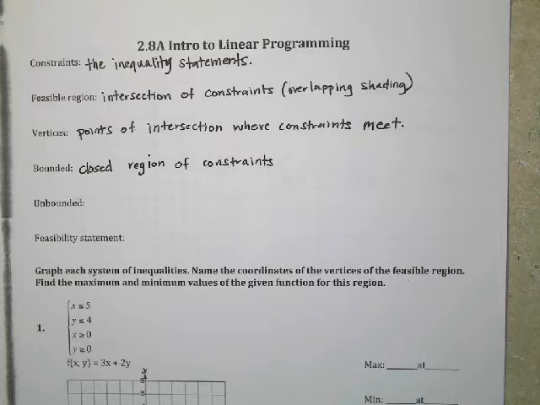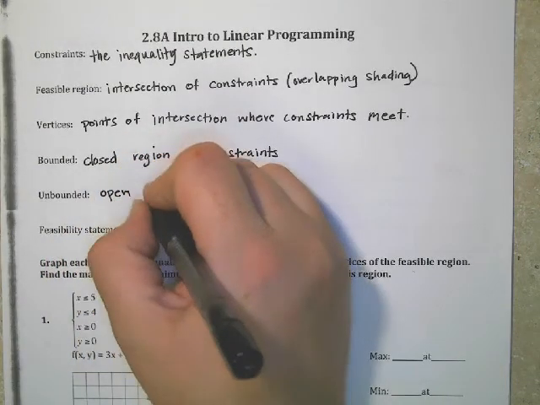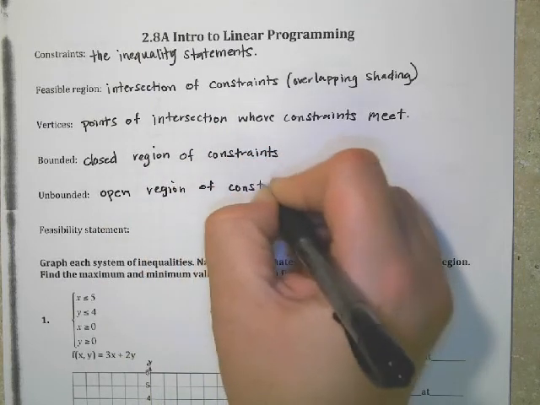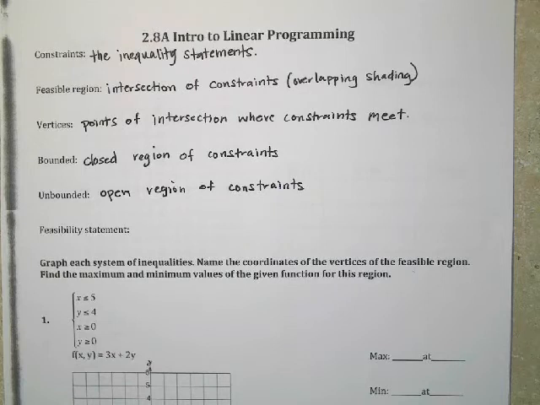If you only have 2, then it's going to be unbounded, so that's going to be an open region. Anytime we've just graphed the 2 inequalities, we end up with an open or unbounded region, because that shaded region is going to go on forever.